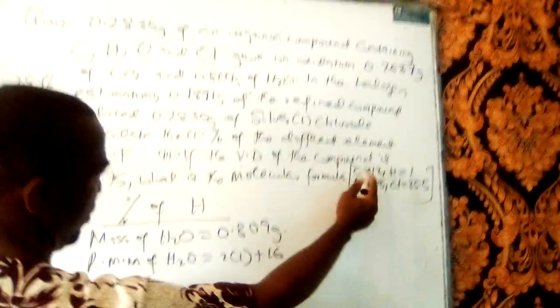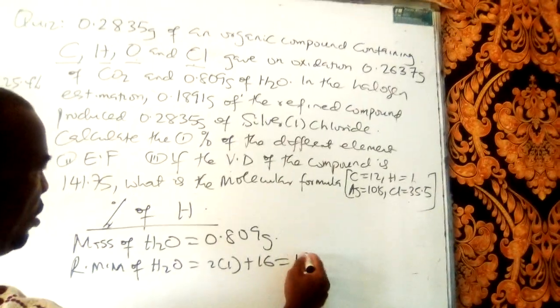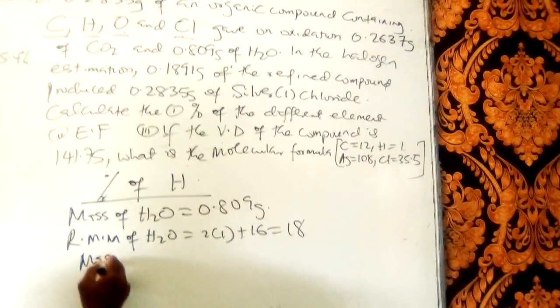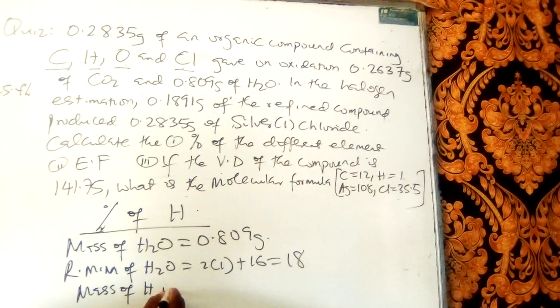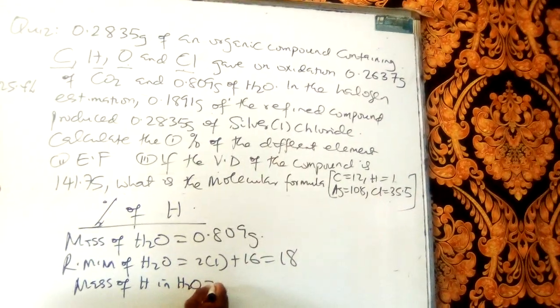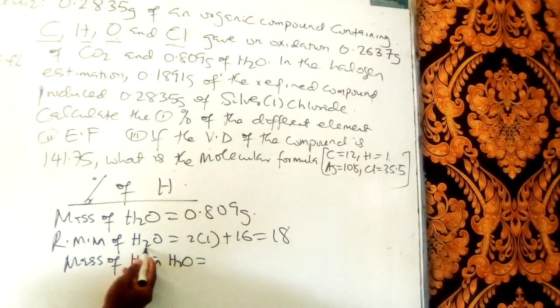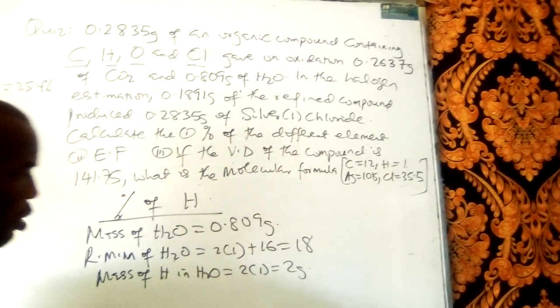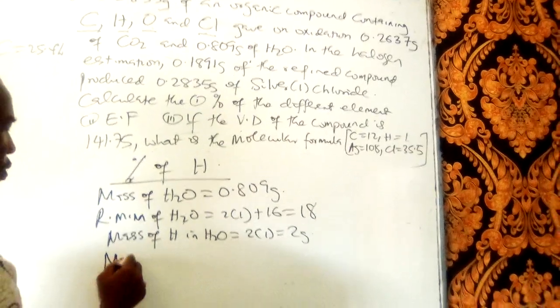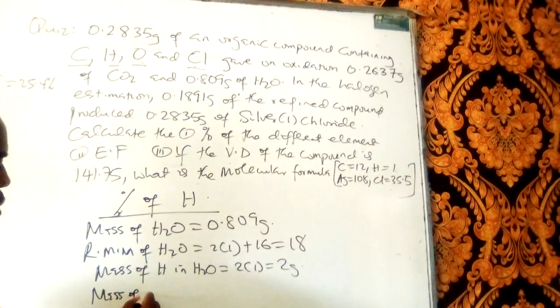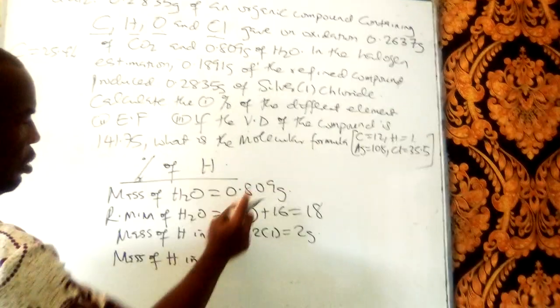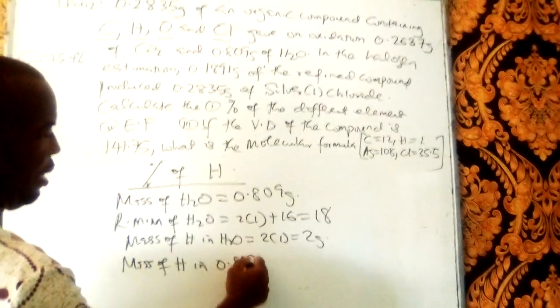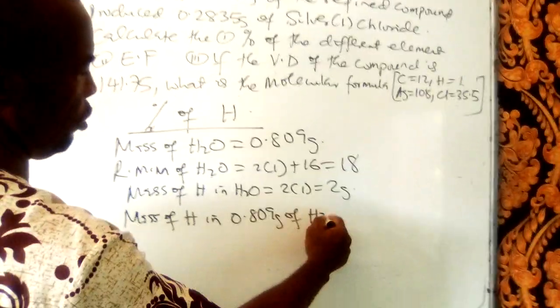You have the mass in the bracket, that gives us 18. The mass of hydrogen in 1 molecule of water: the atom of hydrogen is 1, but there are 2 atoms of hydrogen, that becomes 2 times 1, giving us 2 grams of hydrogen. We now find the mass of hydrogen in 0.809 gram of water that was produced.